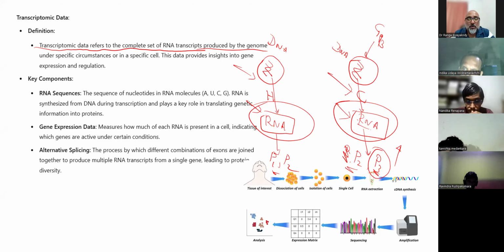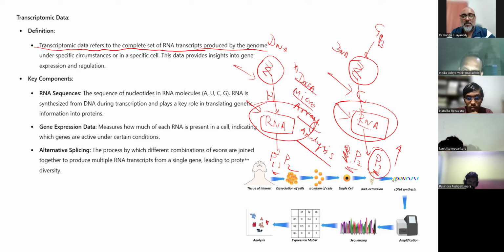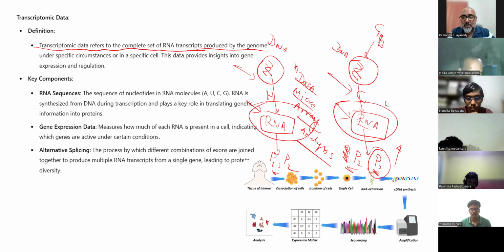Now, how do we analyze this? It is specifically called DNA microarray analysis, right? So we'll talk about this towards the later stage in the course. Here's the picture of it.